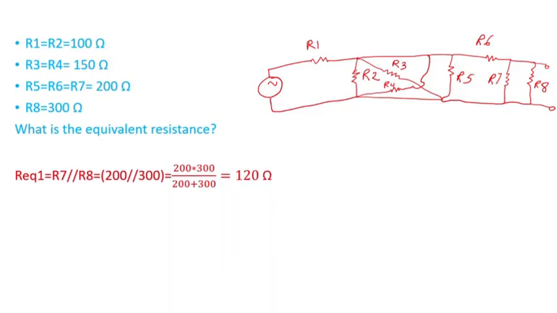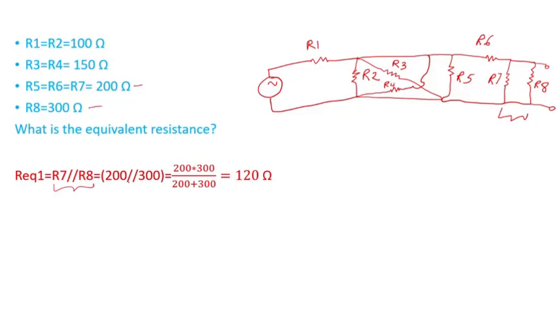First, I'm going to start from the right. Notice that R7 and R8 are in parallel, so I'm going to call their equivalent resistance R equivalent 1. So it's R7 in parallel with R8. R7 is 200 and R8 is 300 ohms.